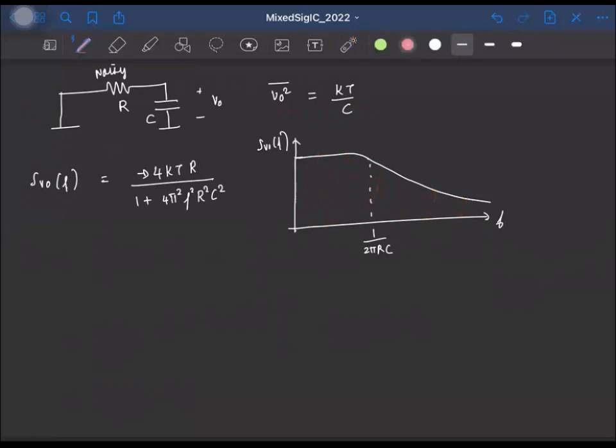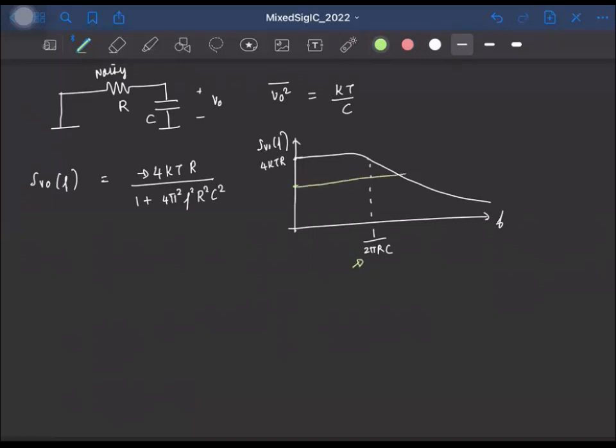So now let us say I change the resistor value and let us say I reduce the resistance value. So what will happen? If I reduce the resistance value, notice that this is 4kTR. So if I reduce the resistance value, this point will also change, right? But similarly, this cutoff frequency will also now increase, right?